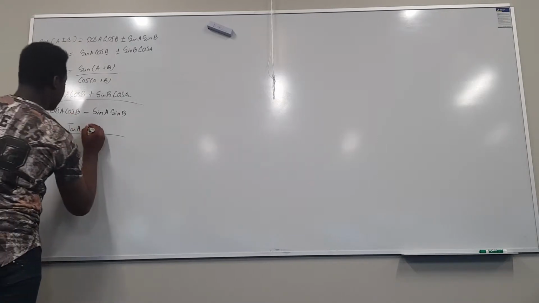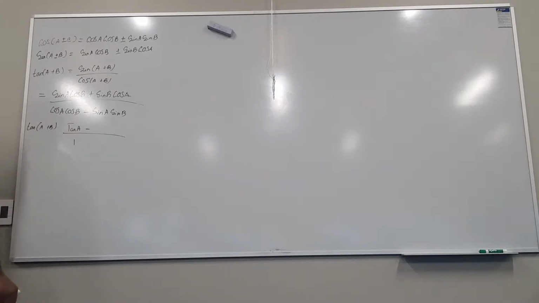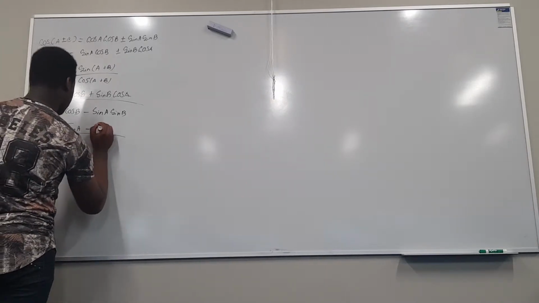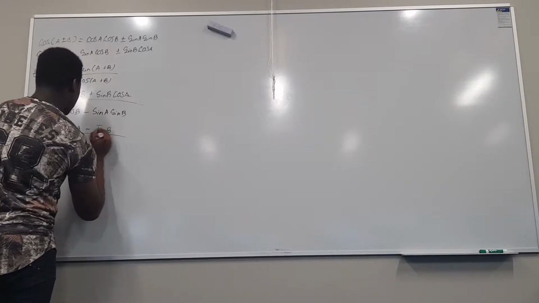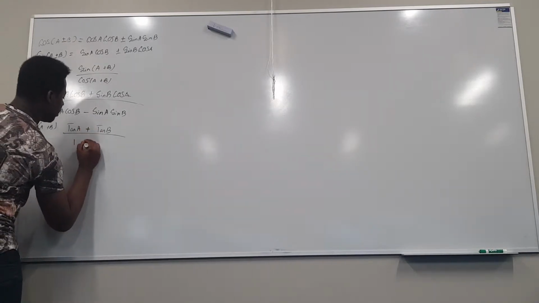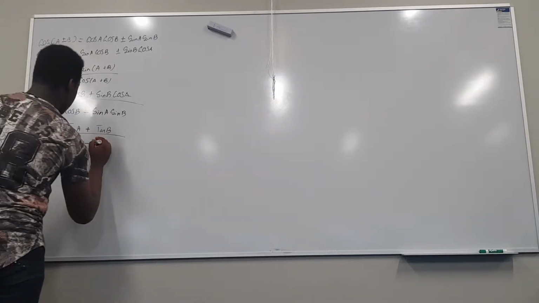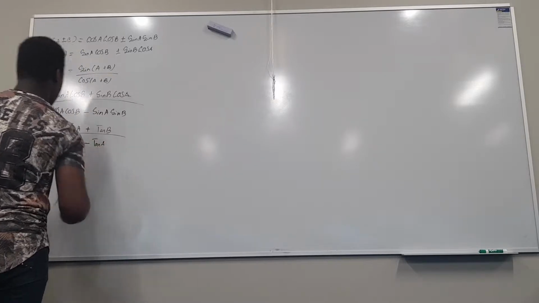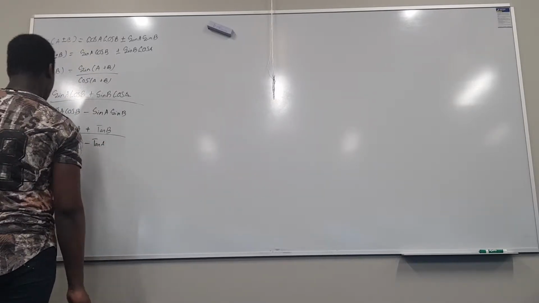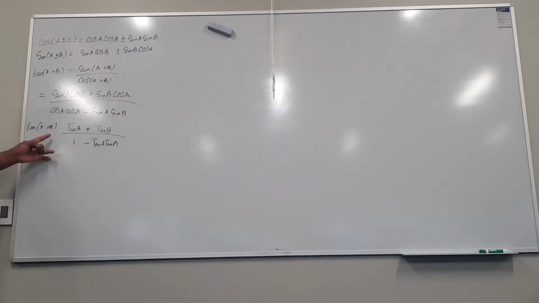For this, you have minus 1 times sin B divided by cos B, so that'll be tan B. The other time I forgot to divide by cos B, so I just wrote tan A there, which is wrong.